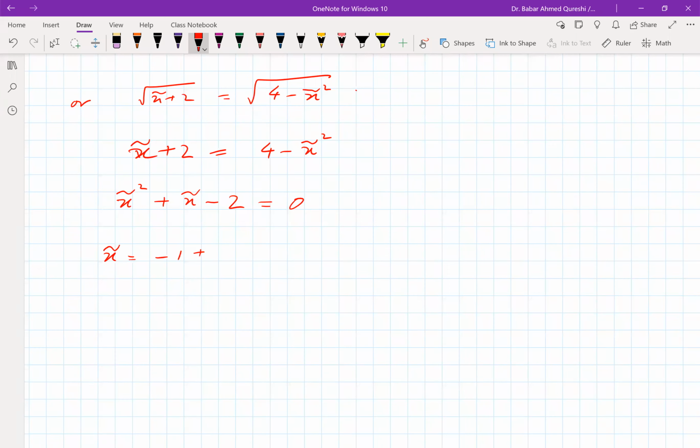Minus 1 plus minus square root of 1 plus 4 times 2 over 2, minus 1 plus minus 3 over 2.